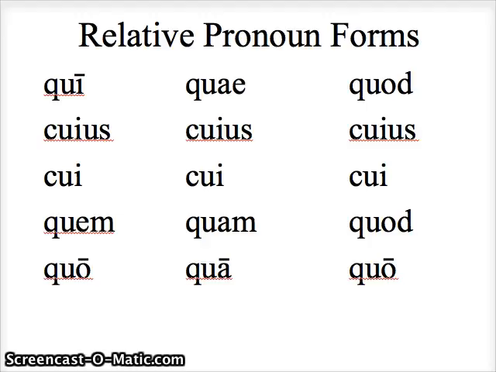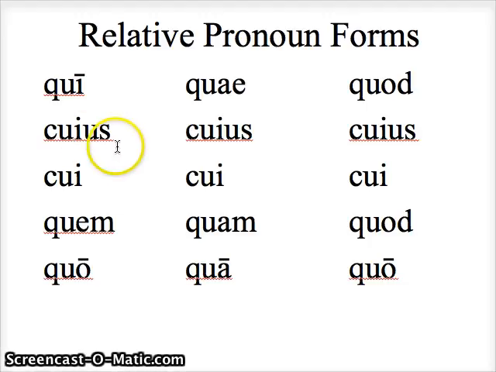In Latin, our relative pronouns are qui, quae, quod. There are masculine, feminine, and neuter forms. We'll also see the plurals. And we have a genitive, dative, accusative, and ablative for each gender. Pay particular attention to the genitives, cuius, cuius, cuius. They look very much like huius, huius, huius.